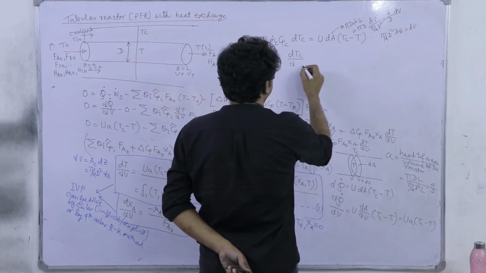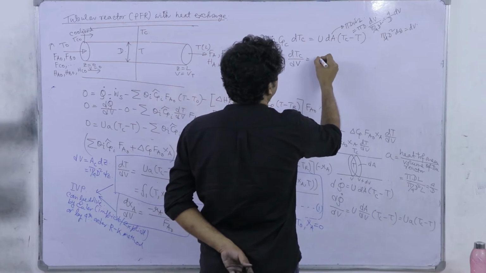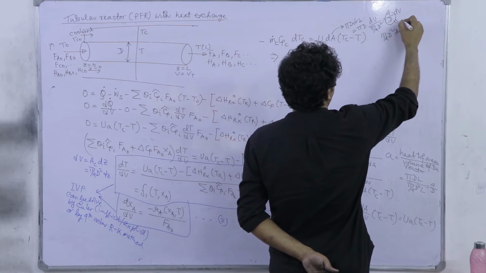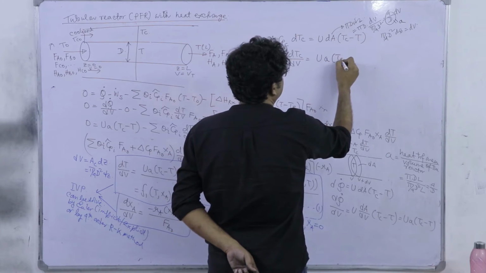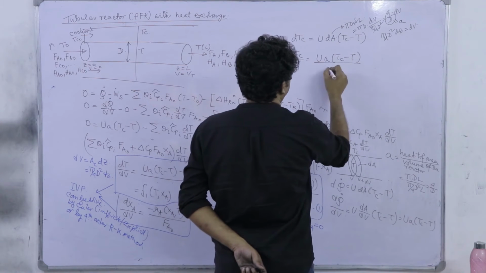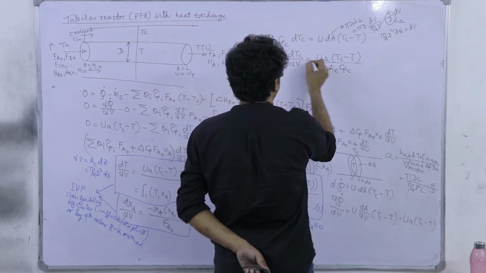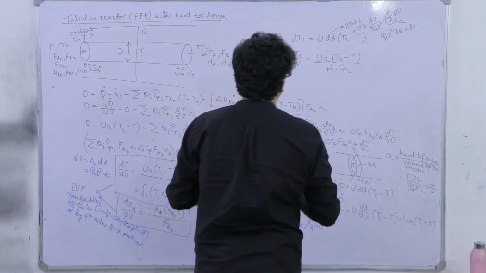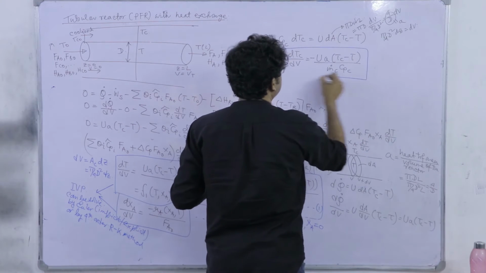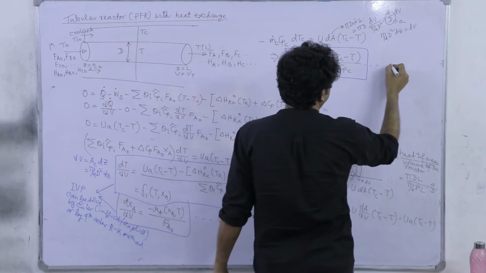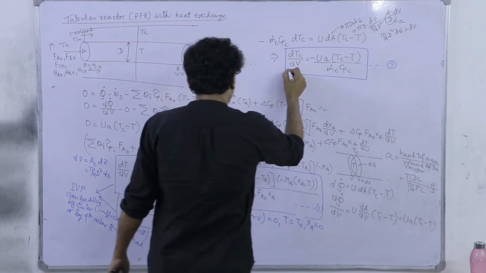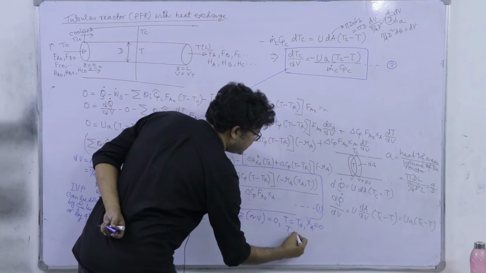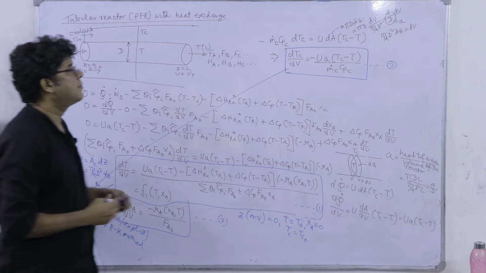So dTc/dV equal to U, and 4 by d is nothing but a, so U into a into Tc minus T divided by m dot c Cpc with a minus sign. So that's my third equation for co-current. So these three basically, and we need an additional condition that Tc equal to Tc naught as well.